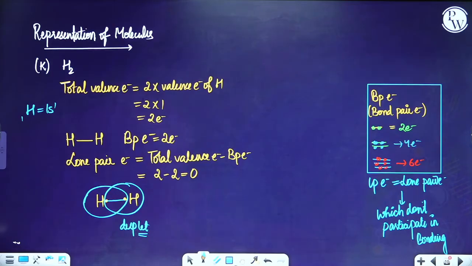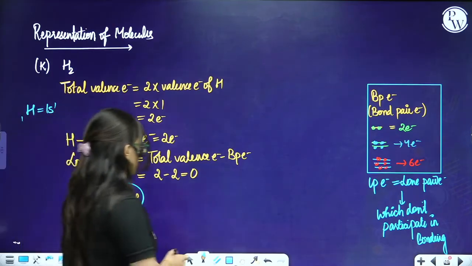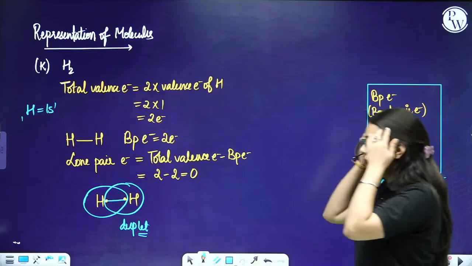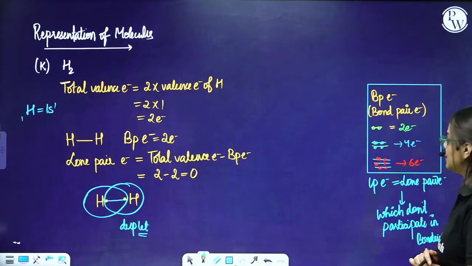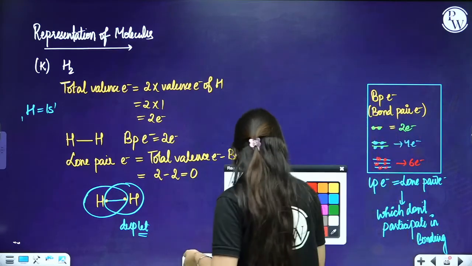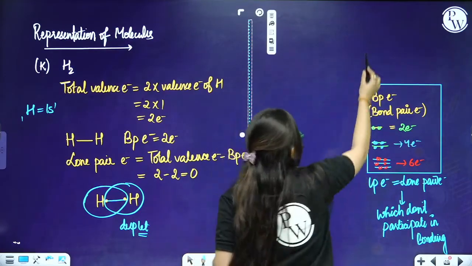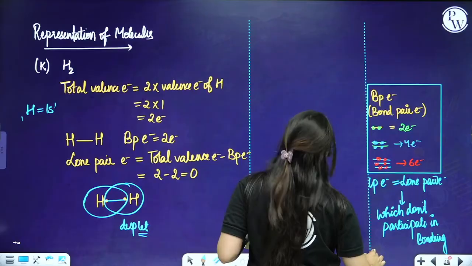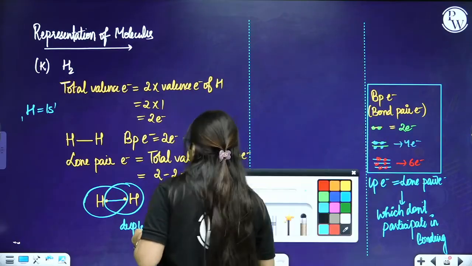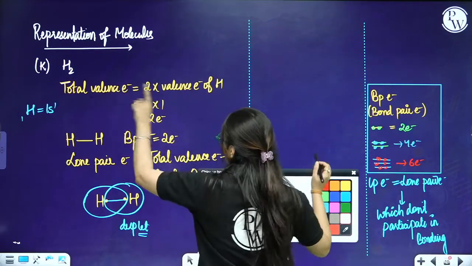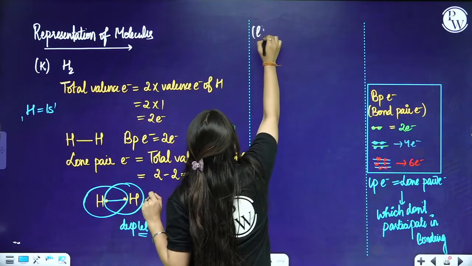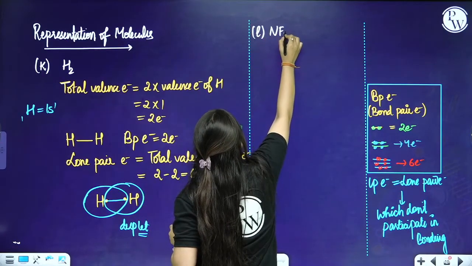Now you are going to draw NF3. Everybody done? Okay. Now we are going to draw NF3.